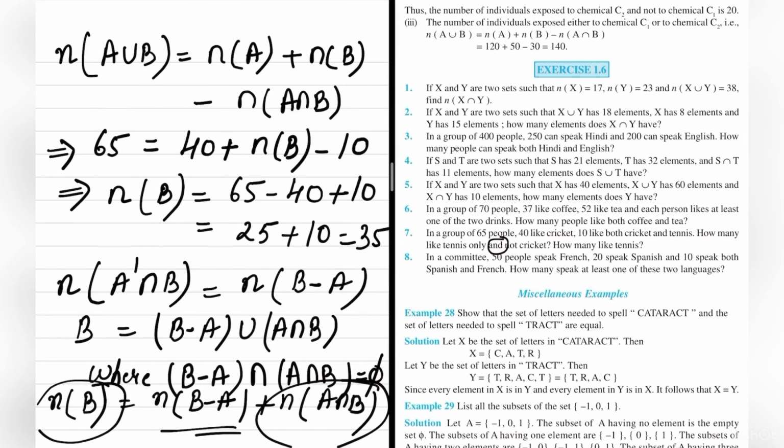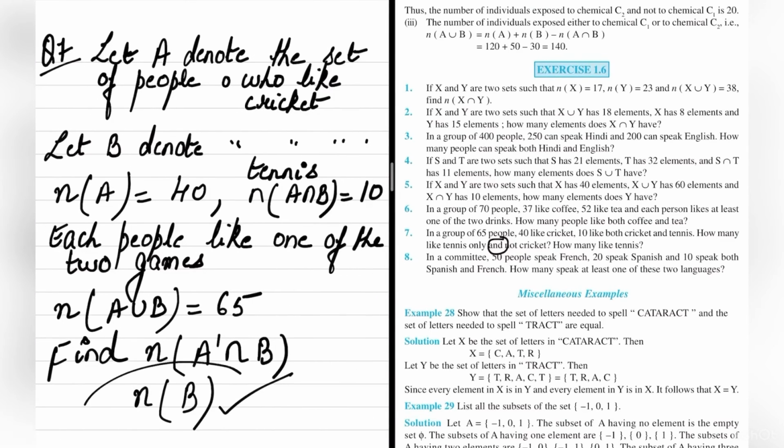You can note that we first found the number of elements in B because we wanted to use it in finding the number of elements in A complement intersection B.